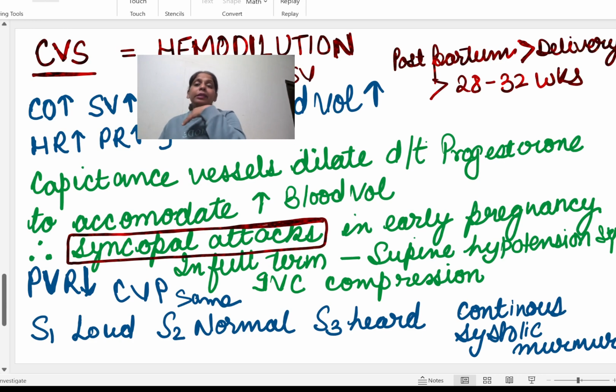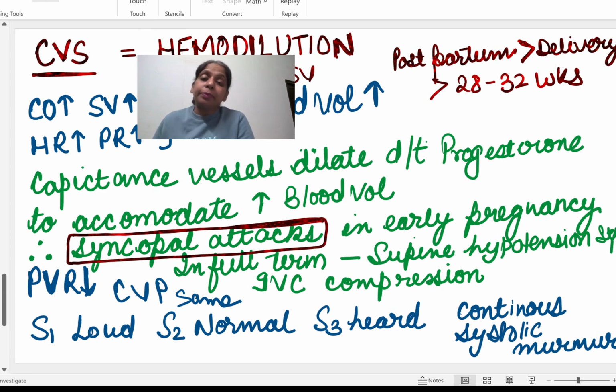In early pregnancy, whether the mother is lying down or standing, anytime she keeps on having syncopal attacks due to the decreased peripheral vascular resistance. And in the full term, only in the supine position the mother has syncopal attacks.